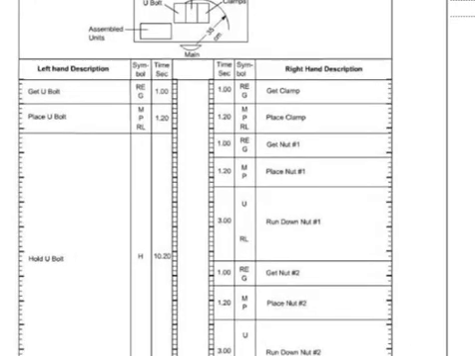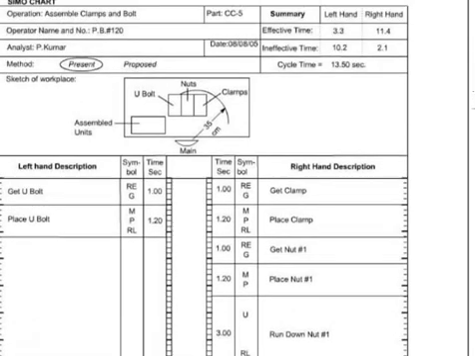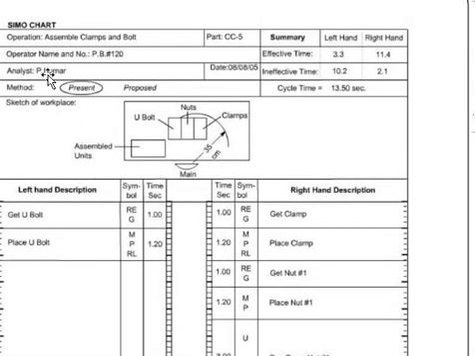Okay, so it is in the form of a form, just like the flow process chart. Here you will write the operation, for example, assembly of clamps and bolt. Then the part name or part code, the operator name.